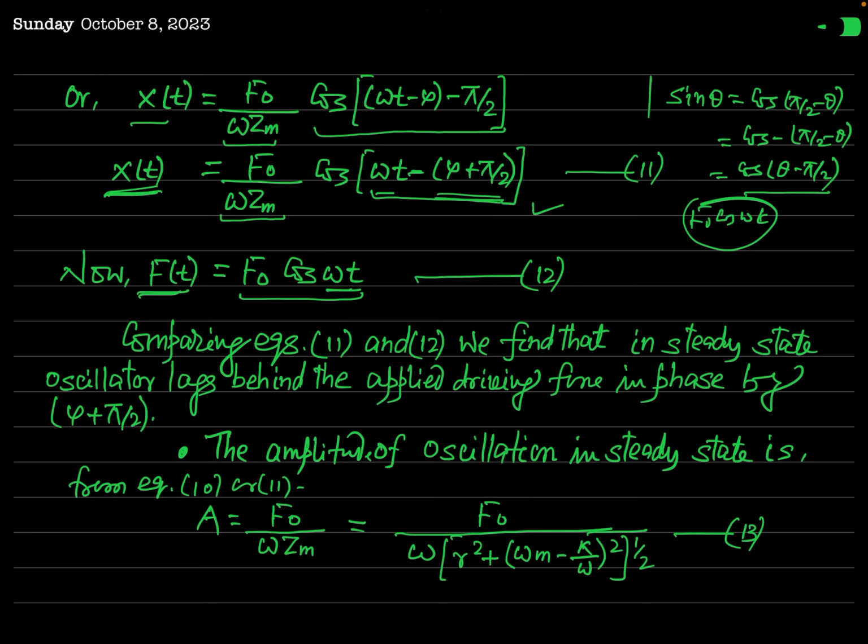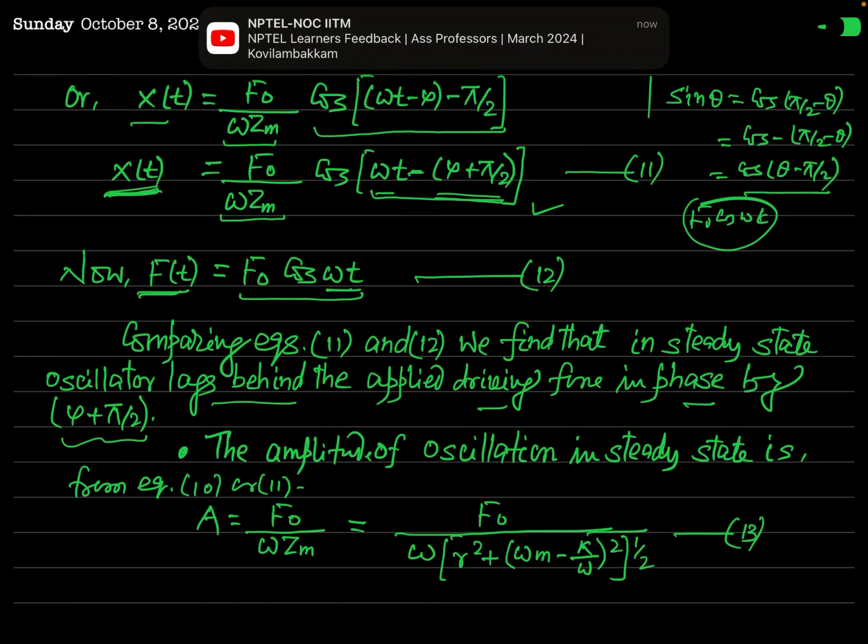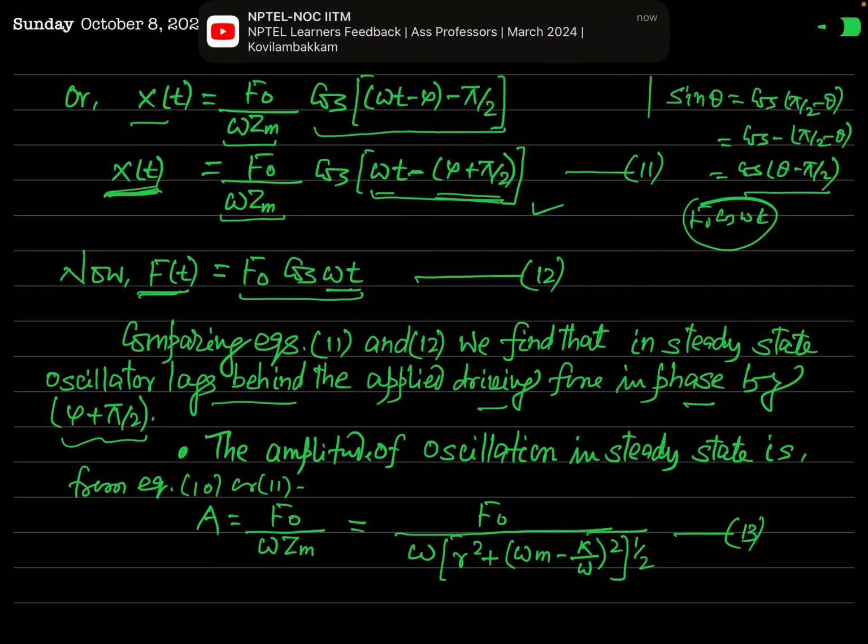So comparing equations 11 and 12, we find that in steady state the oscillator lags behind the applied driving force in phase by phi plus pi by 2. It means the force will become maximum, and after some time the displacement of the oscillator will become maximum, because the oscillator is lagging behind the applied force in steady state.